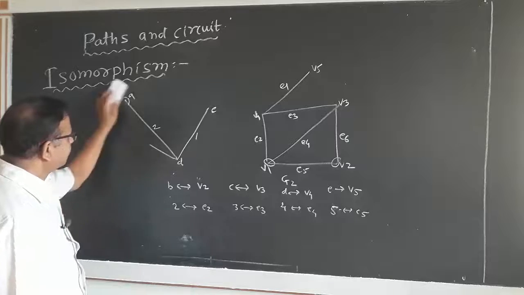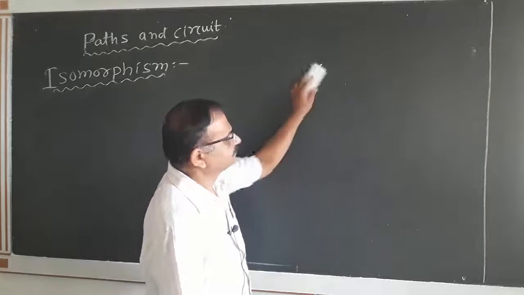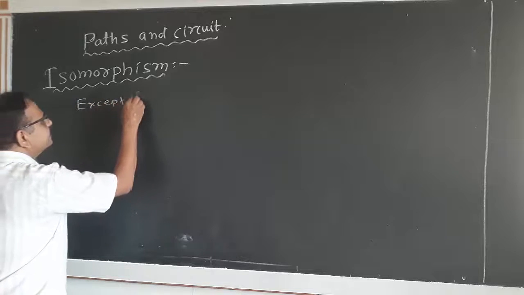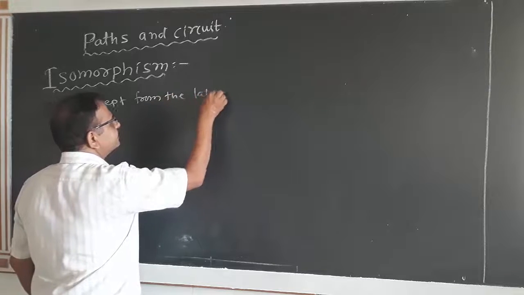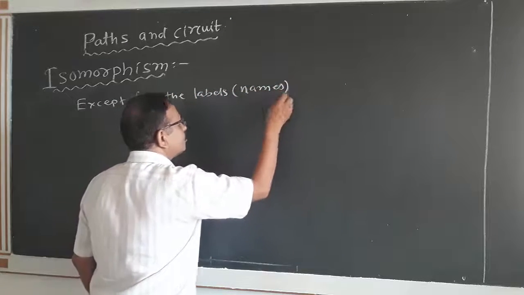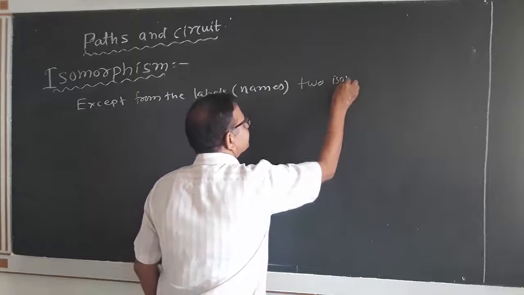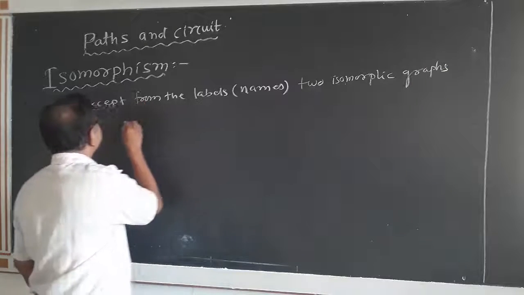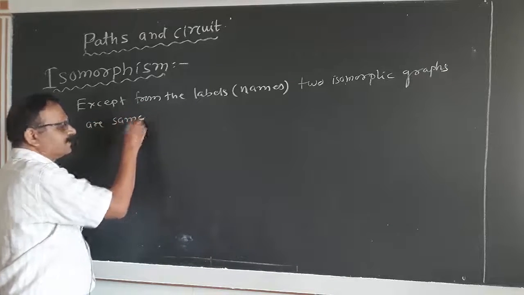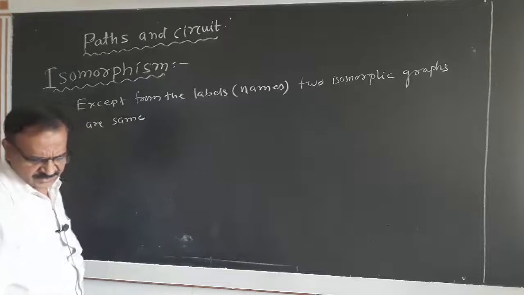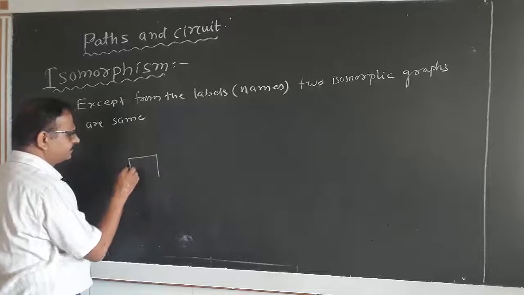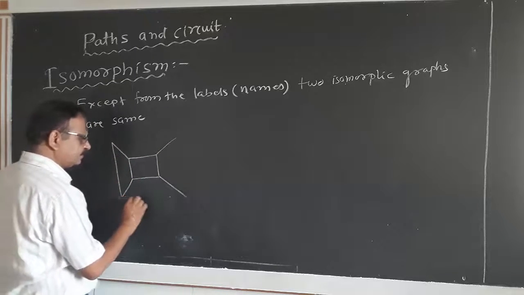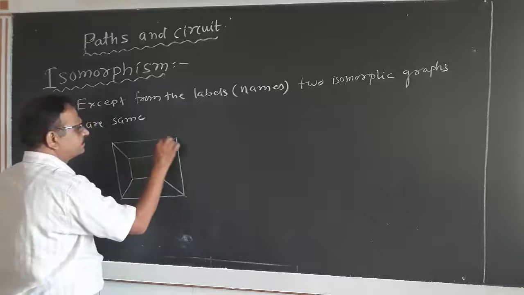Now we can note that, except for the labels and names, two isomorphic graphs are always the same. For example, this is a graph.